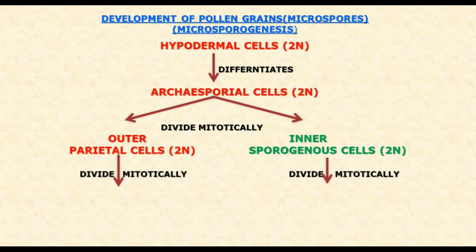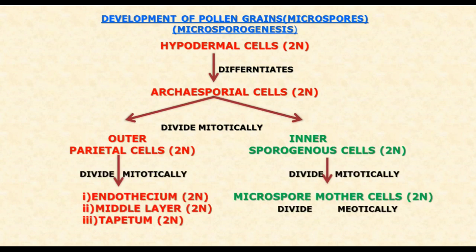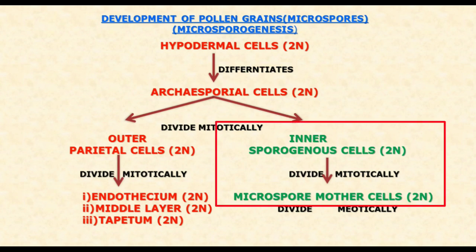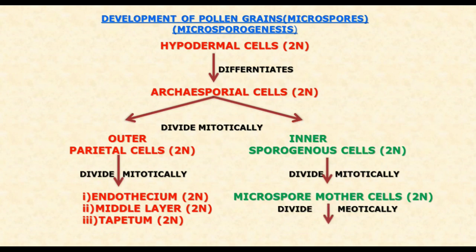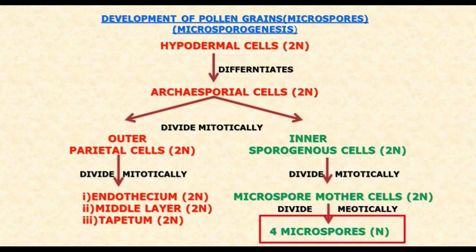Outer parietal cells again divide mitotically to form the endothecium, middle layer and tapetum, and in green you can see the inner sporogenous cells which are diploid, they divide mitotically to form the microspore mother cells. They are again diploid, but these microspore mother cells divide meiotically or reductional cell division takes place and 4 haploid microspores are formed.